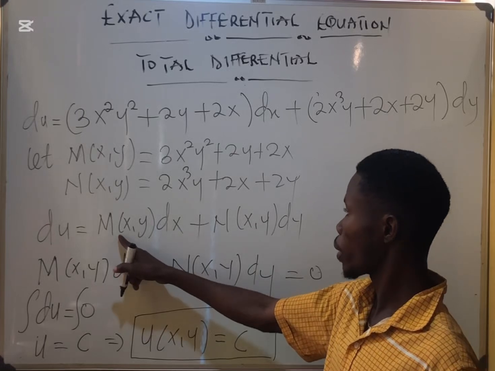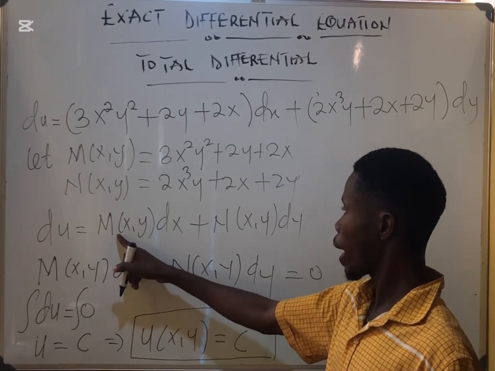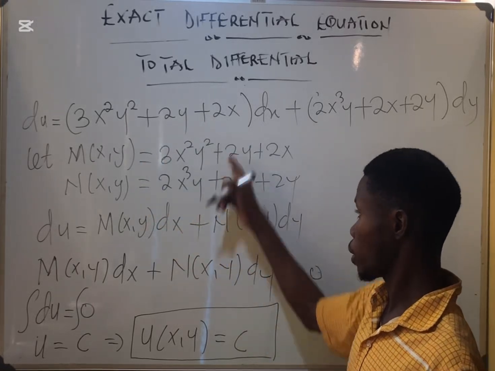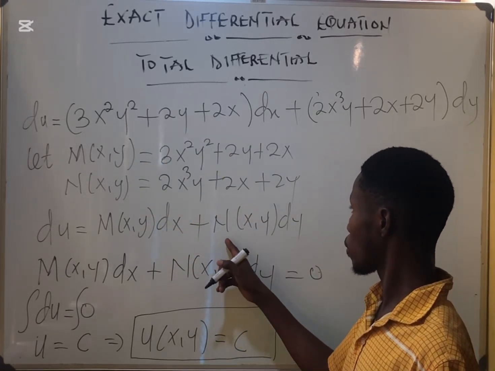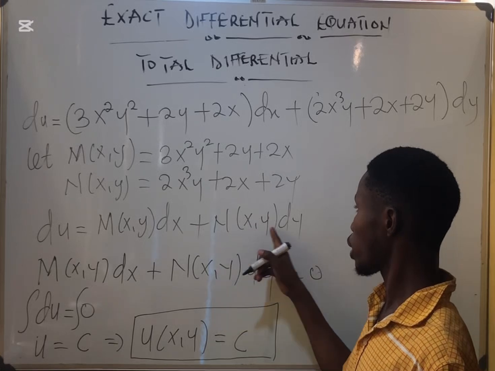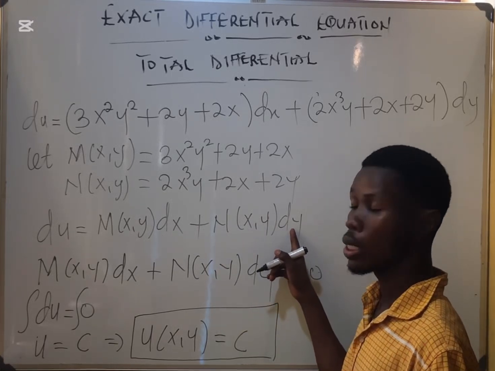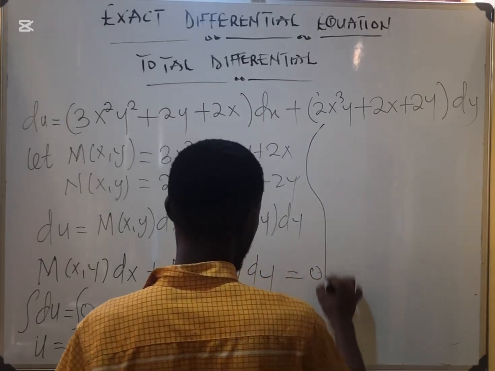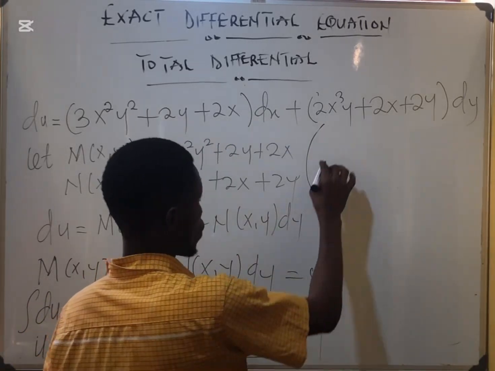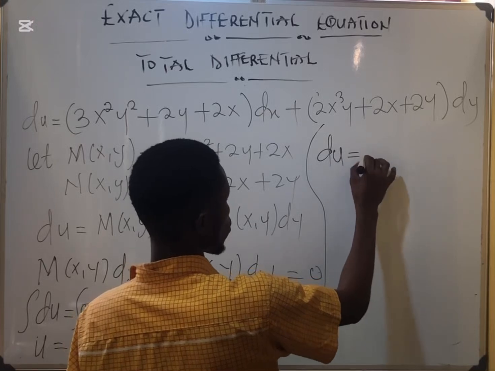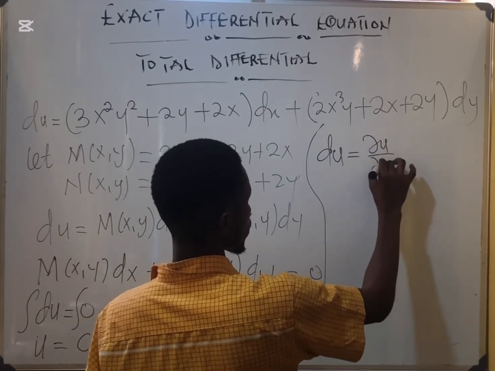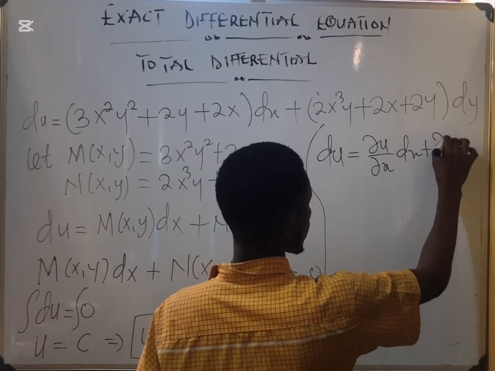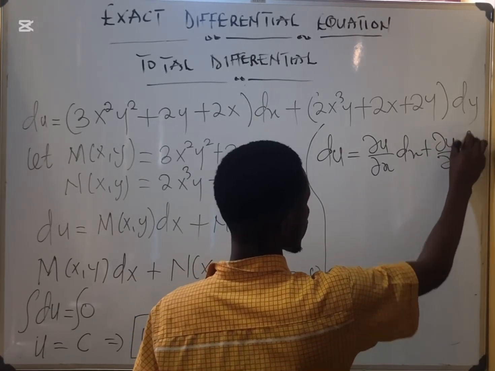Also take note of this one. Always the m is attached to the dx, and we had it from this place, and n is also attached to the y. Have you seen it? And if you look at this one, we have du equals delta u delta x dx plus delta u delta y dy.